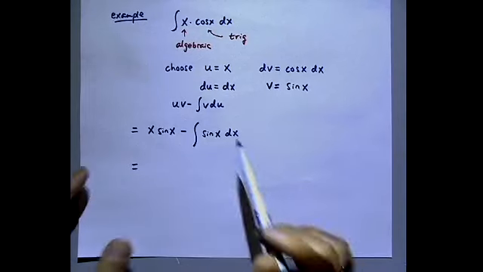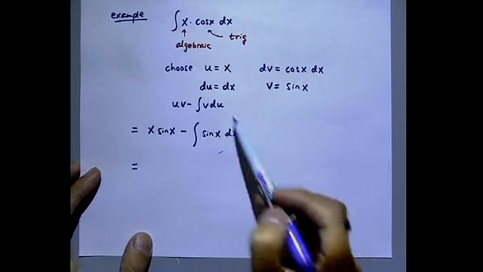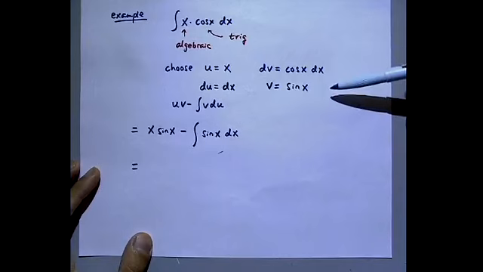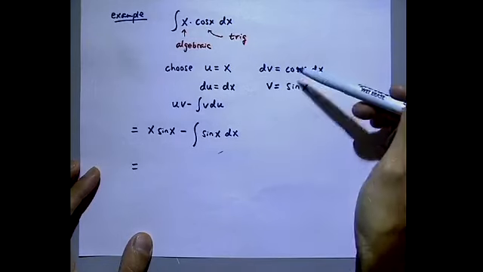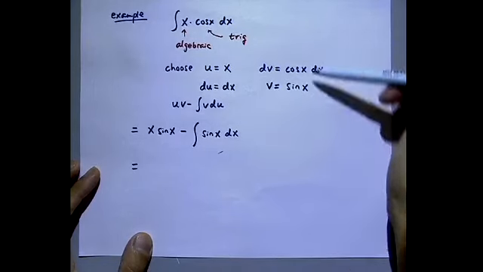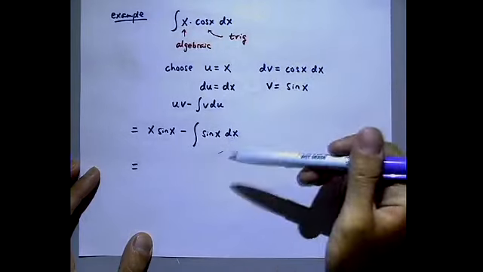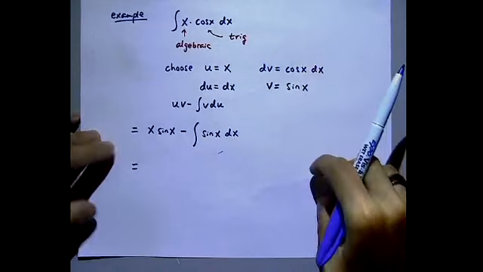And you often find out that this last integral that you have to do is closely related to the integration you did from dv to v. It's often the same type. So dv to v, we integrated a cosine. Here, the last integral to do is integrating a sine, which is closely related to cosine.